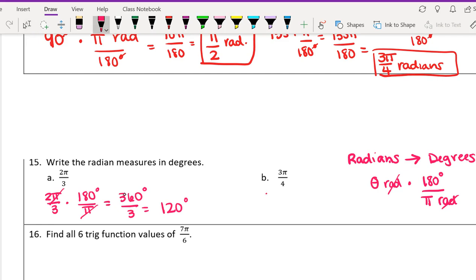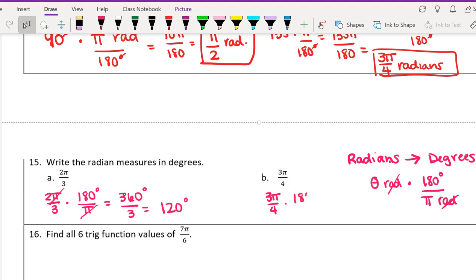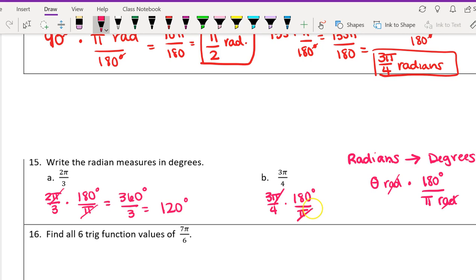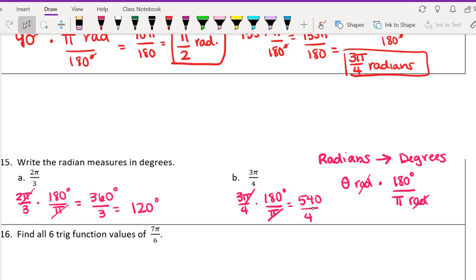If I have 3 pi over 4, same thing, times 180 degrees over pi radians. The pi cancels. I'm taking 540 divided by 4, and I get 135.